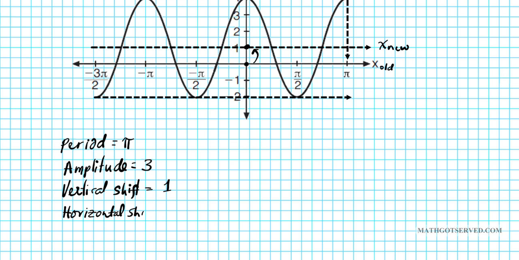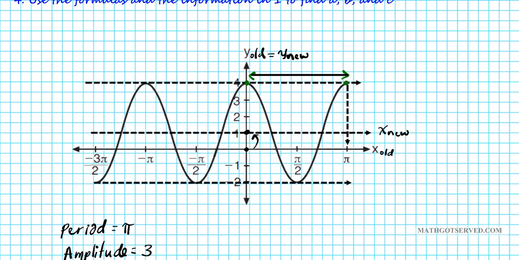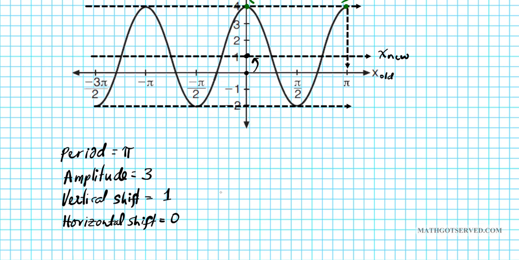Horizontal shift in this problem is 0 because, as we talked about earlier, there's no movement on the y-axis. It stays the same. The whole graph just shifted up 1 unit. Now we're done with step 2.